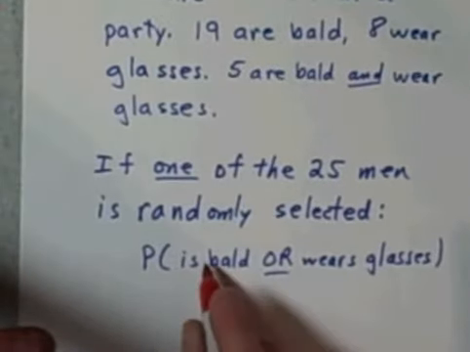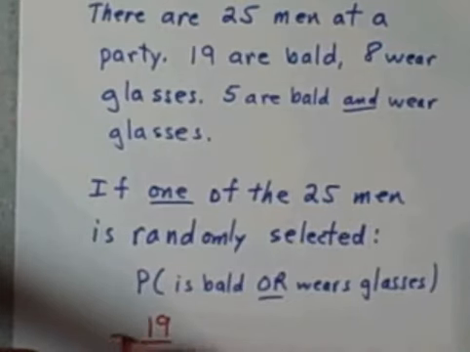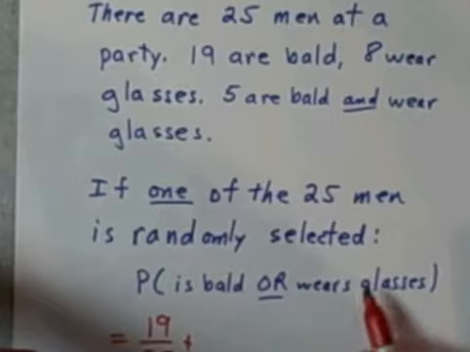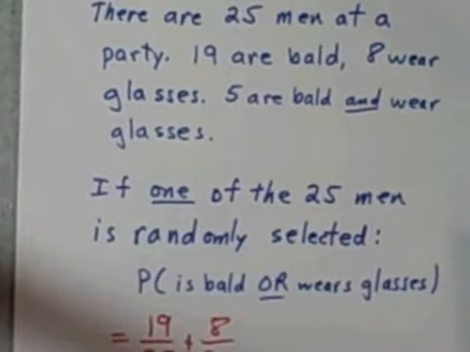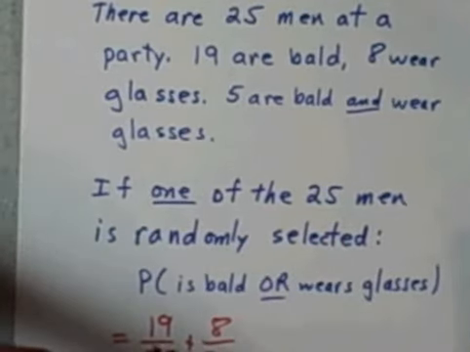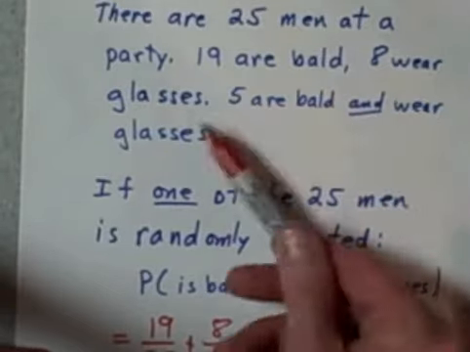So here we go. The probability of getting a man that is bald is 19 out of 25. The probability of getting a man who wears glasses, since there are 8 of them, that's 8 out of 25. But we know we've counted some men twice in this fraction and in this fraction, namely those 5 men that are both bald and wear glasses.